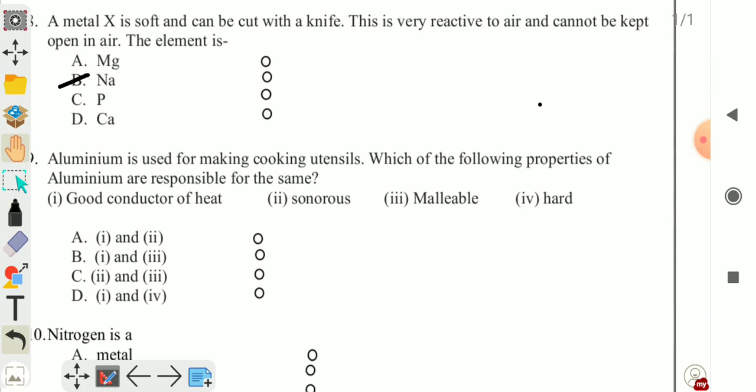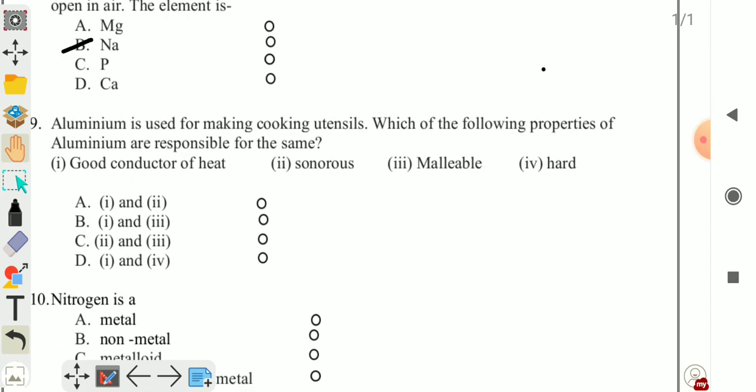Next question. Aluminium is used for making cooking utensils. Which of the following properties of aluminium are responsible for the same? There are four properties given to you. First, good conductor of heat; second, sonorous; third, malleable; and fourth, hard.